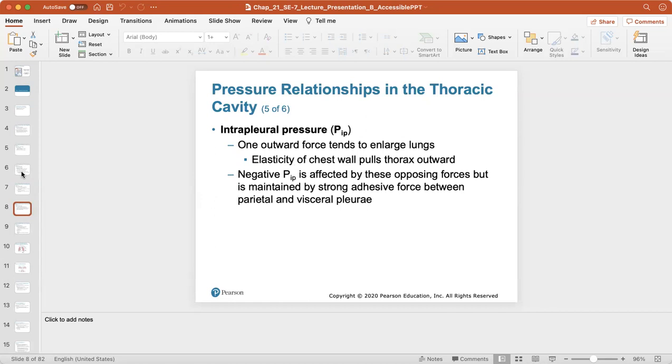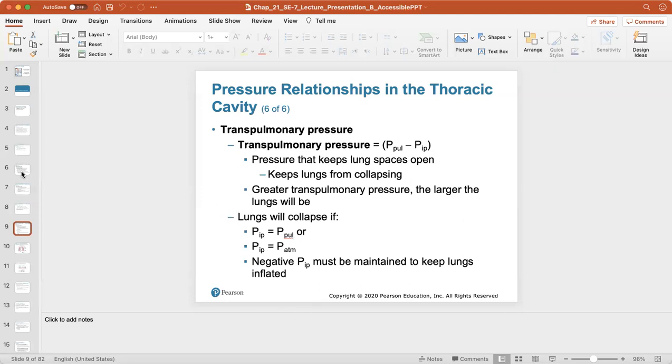Intrapleural pressure is one outward force tending to enlarge the lungs. So this is the elasticity of the chest wall, which pulls the thorax outward. And negative intrapleural pressure is affected by those opposing forces, but is maintained by strong adhesive forces between the parietal and visceral pleura.